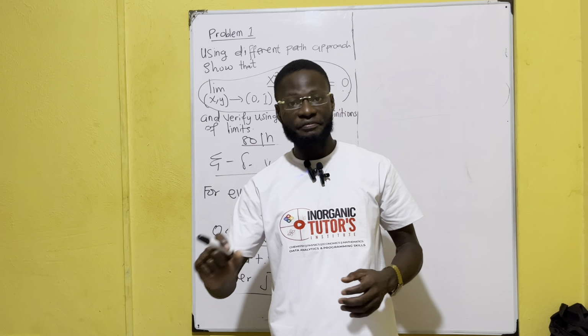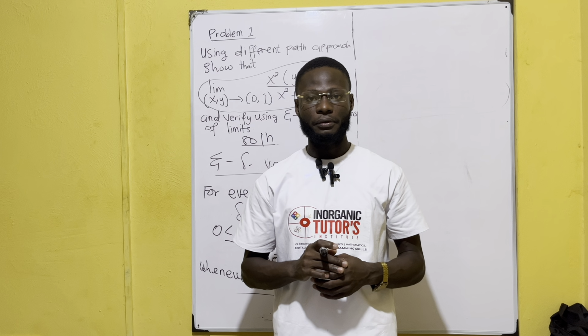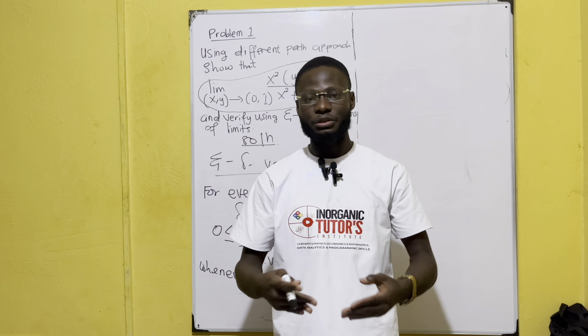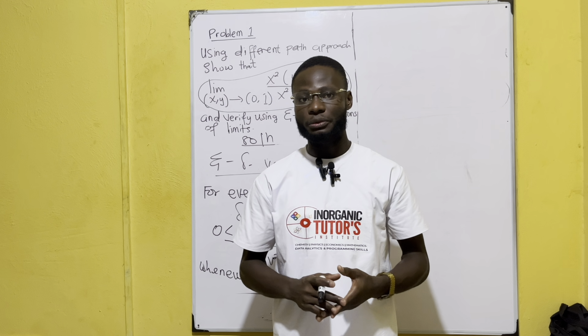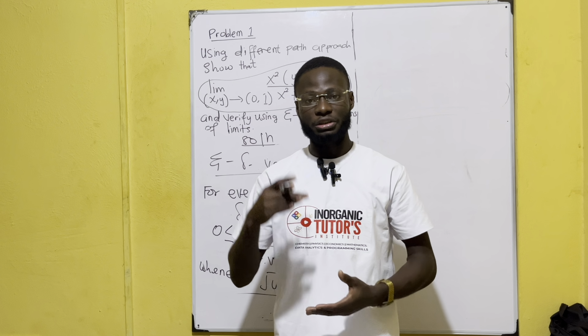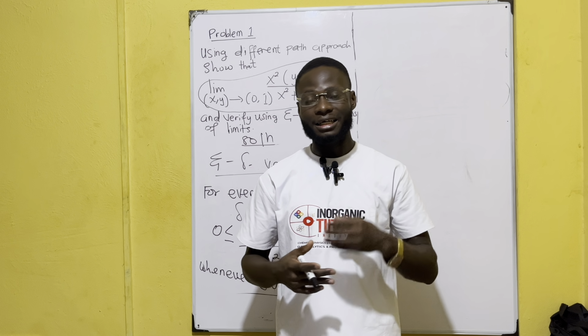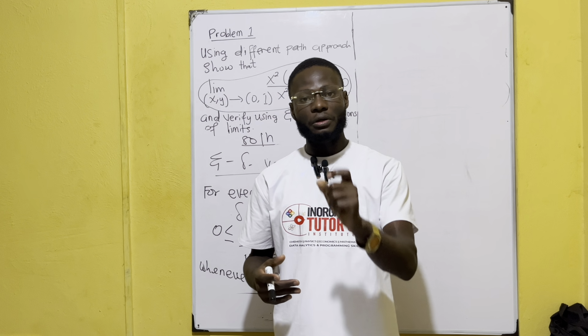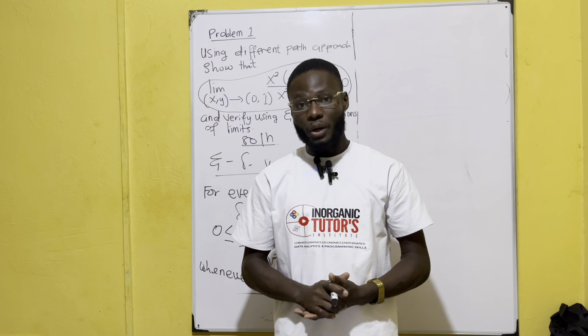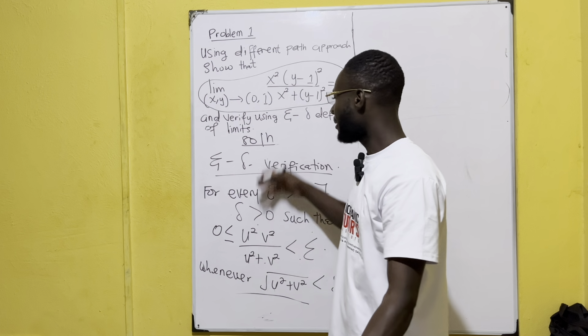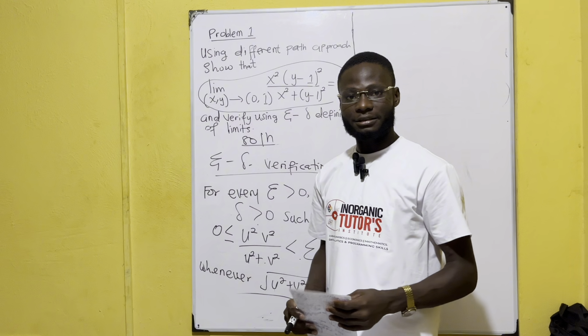You write a preview before you give whatever you want to give to your boss, so that he or she will understand the terminologies in the work. The same thing applies to mathematics, right?